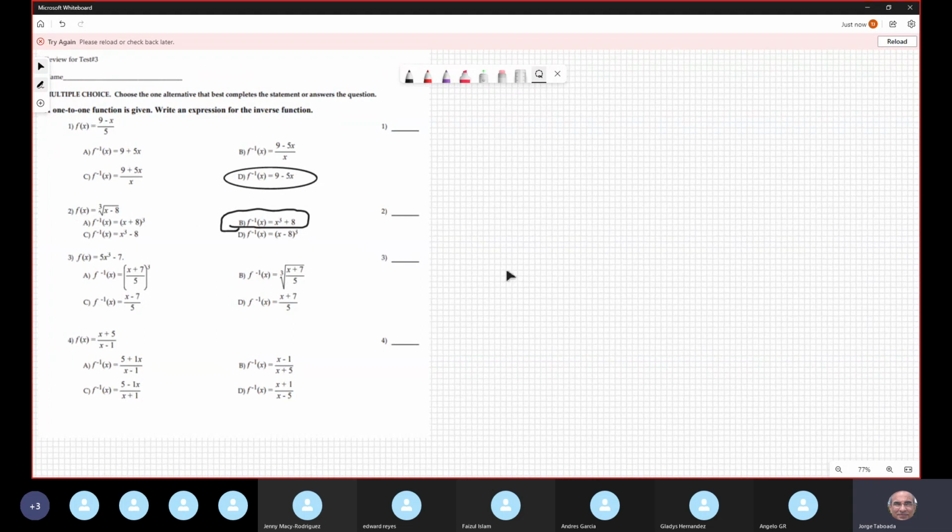Okay, number 3 is f of x equals 5x cubed minus 7. This belongs to the family of the cubic function. So it looks like that, no? Cubic function, yes or no?